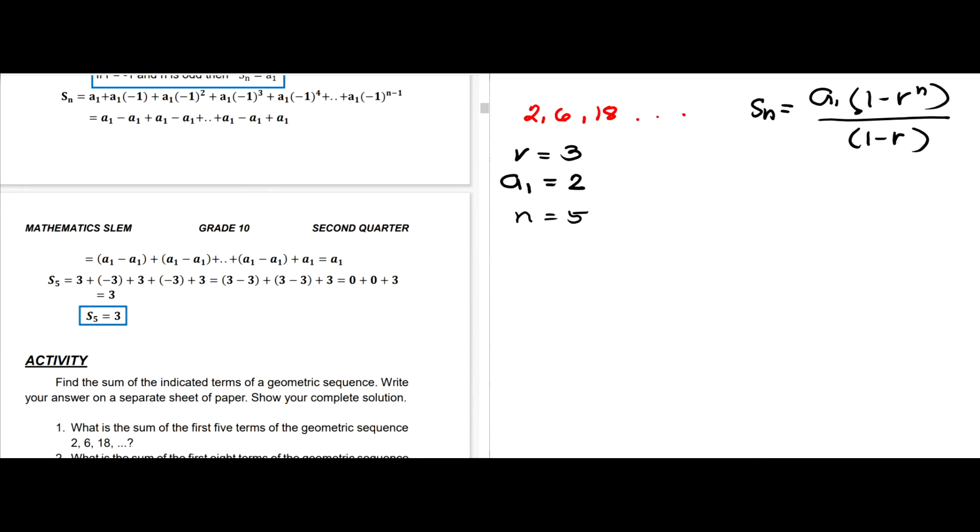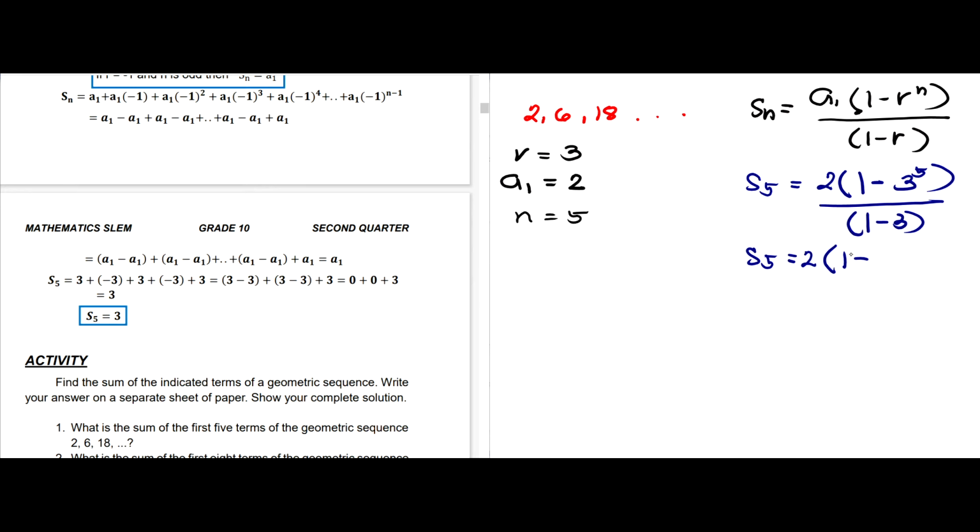So just simply substitute everything to the formula. S sub 5 is equal to 2 times 1 minus 3 raised to 5, and then over 1 minus 3. So, pwede kayong gumamit ng calculator kapag nag-exponent, kasi minsan mataas yan eh.